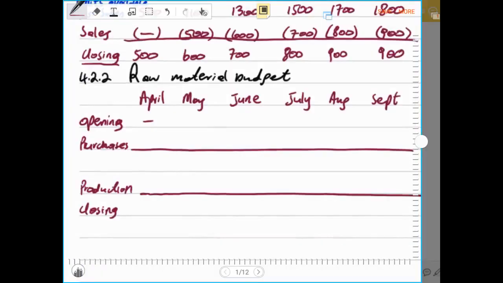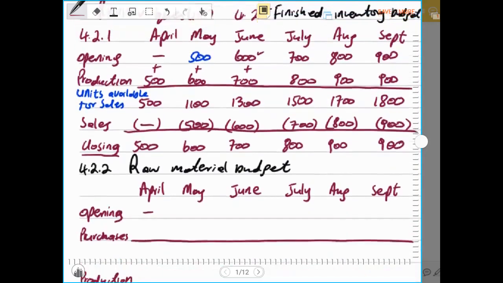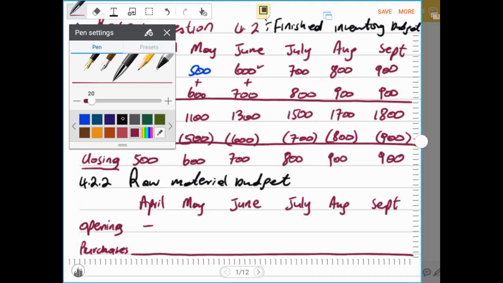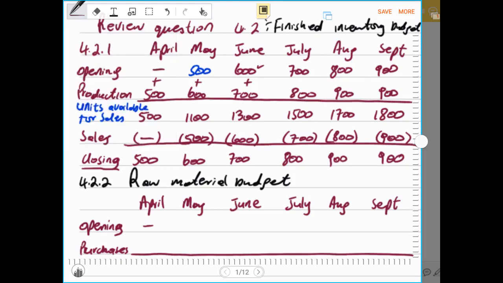In this case we have to record first the opening balance, and we said there's no opening balance. So now in the month of April, we have to record all the purchases. Now when it comes to purchases, remember we already know how many units to purchase. We already know our production.